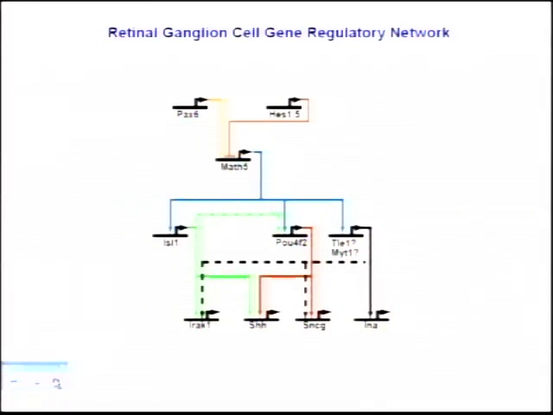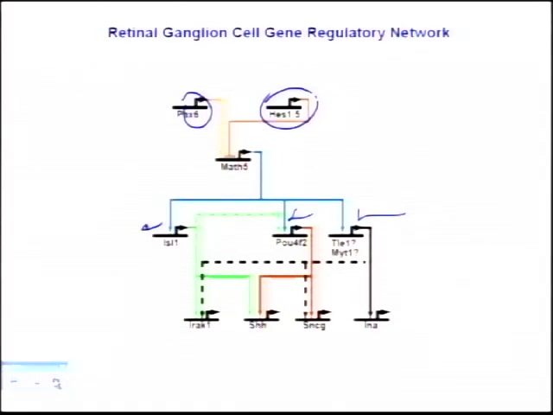So again, as I've talked about, and this is basically summarizing things, PAX6 has a positive input into MATH5, and the Notch pathway, through the Hes repressors, the bHLH repressors, turns off MATH5. MATH5 turns on Islet1 and POU4F2, and we know it also turns on these other transcription factors, TLE1 and MITE1.